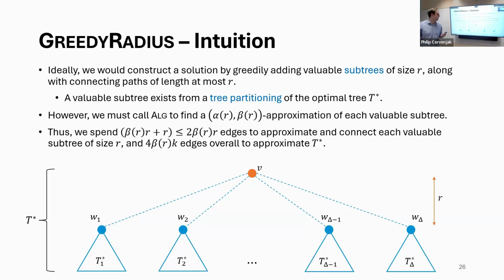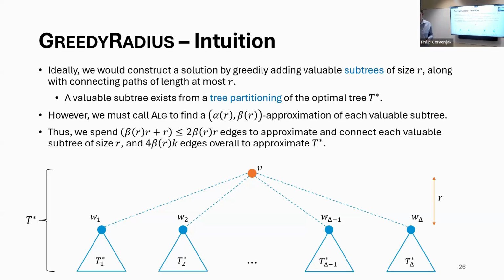And then we also have to add these connecting paths of length r from this root vertex v. But the idea is that we approximate more vertices for each path, so we actually get more value for each path that we add. And each valuable subtree is going to come from the tree partitioning of the optimal tree.